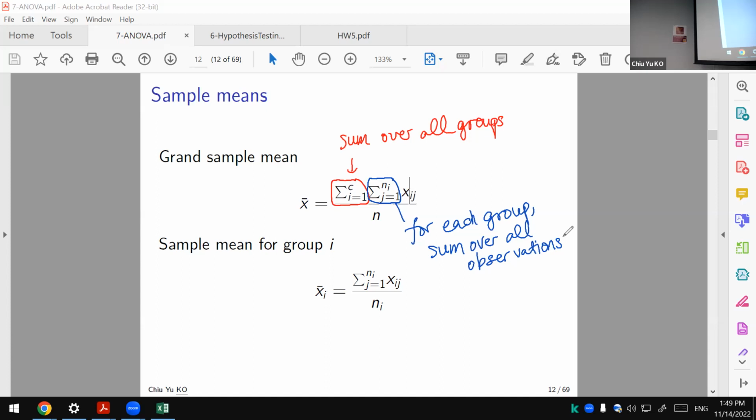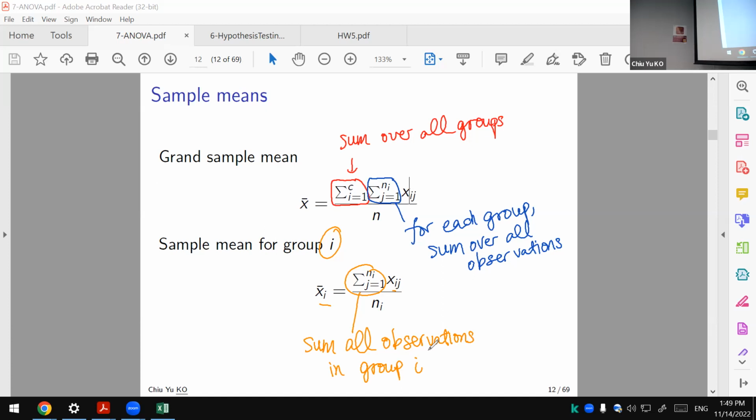The second one is not something terrible. I fix the group i, and I just sum all observations in group i, because you just change the j from 1 up to n_i.